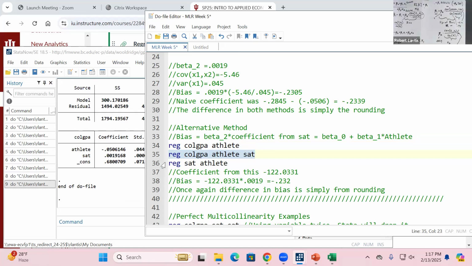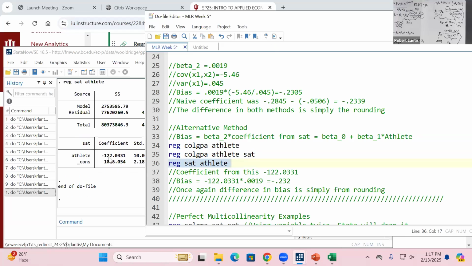Now, the other thing that we needed was that second part of the bias, which we said I could calculate using the covariance and the variance. Or if I run a regression where the dependent variable is that omitted variable of SAT, and then I use the included independent variable student athlete, the slope coefficient there should be that second part. I should only need one value now to plug in there.